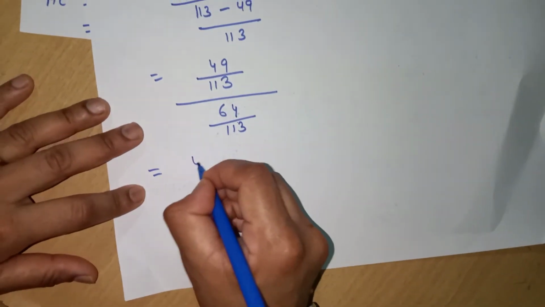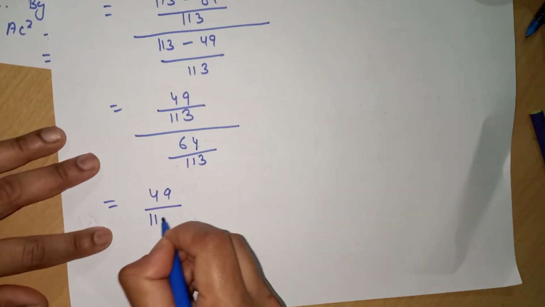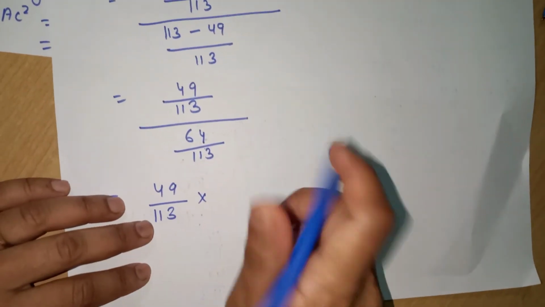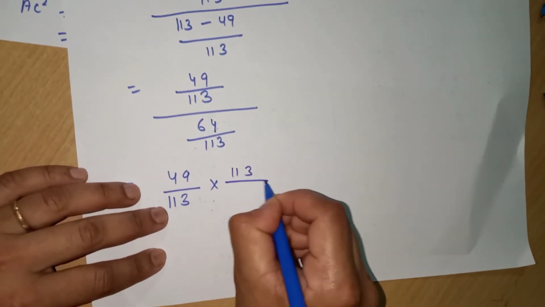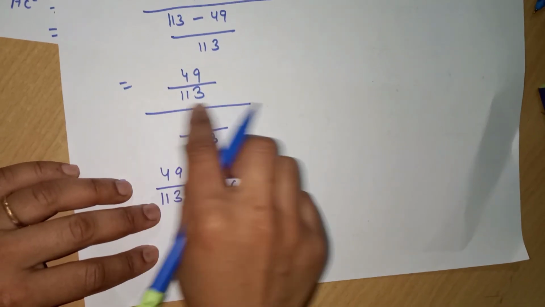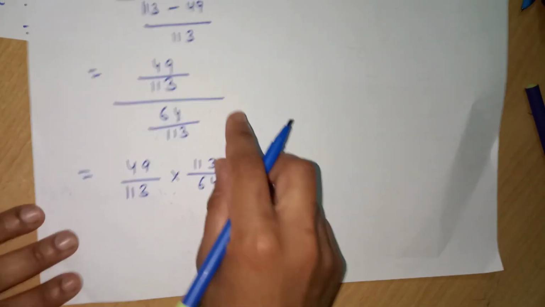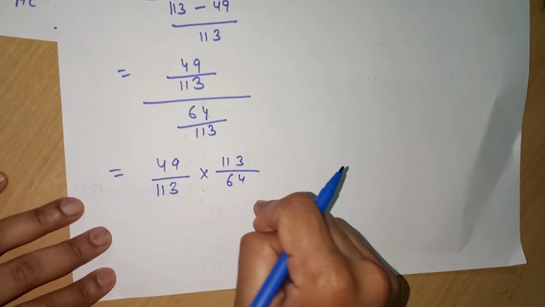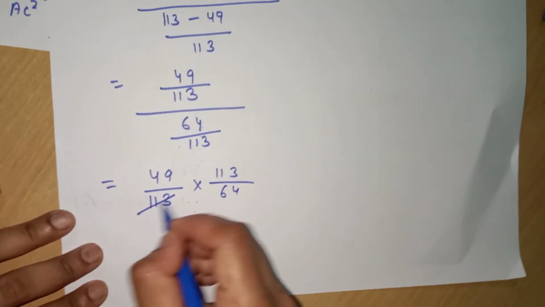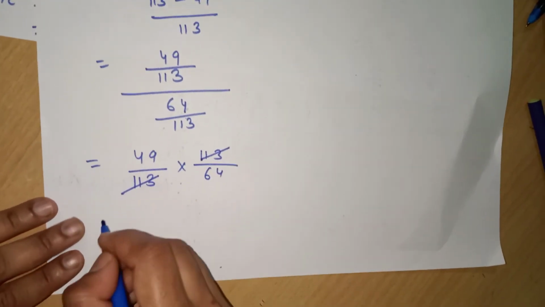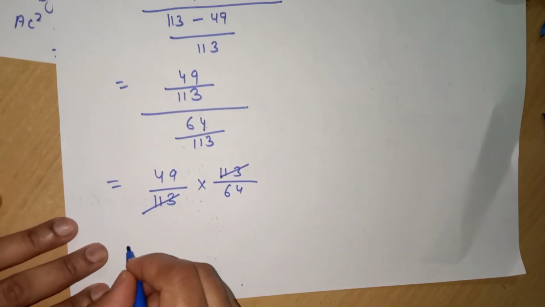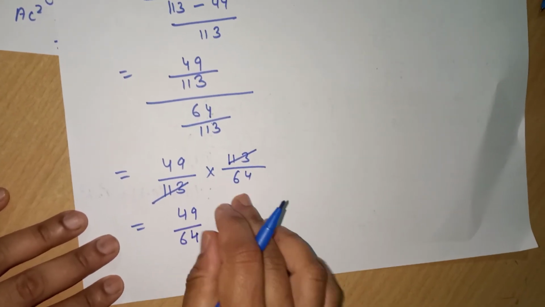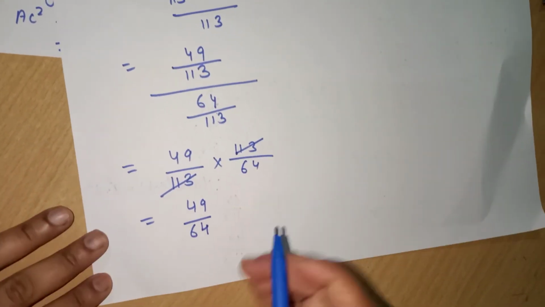Now take the reciprocal. When we change the division sign to multiplication, the denominator goes upward and the numerator goes downward. So 113 will be cancelled with 113 and we are left with the answer 49/64. This is the first part answer.